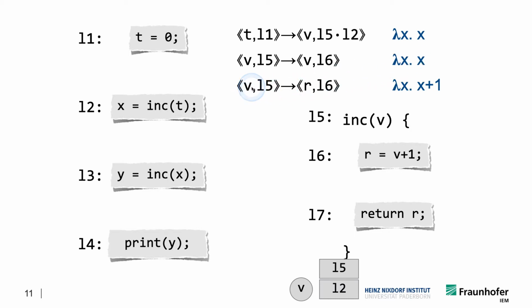And then down here, we have the data flow from v to r at this particular statement. But this is now the more interesting case. This is really the situation where the value that is stored into r is incremented. So that's why we have this increment function annotated here.